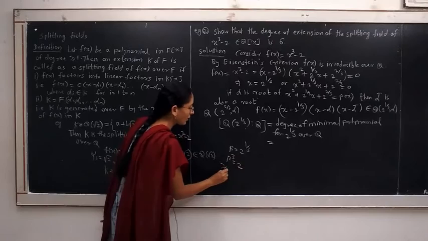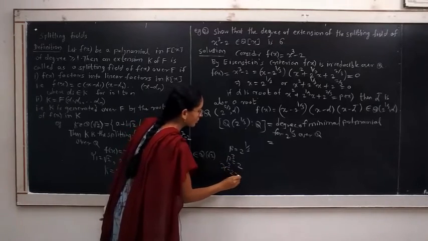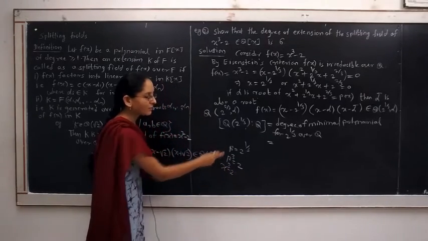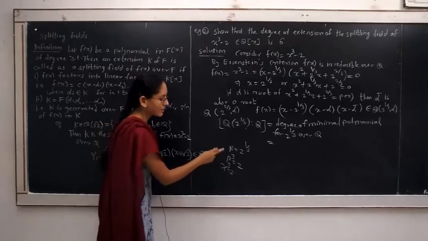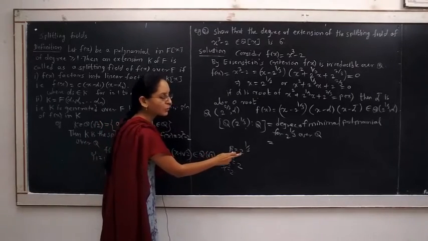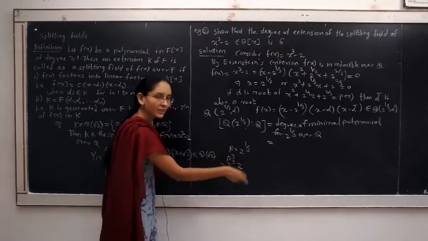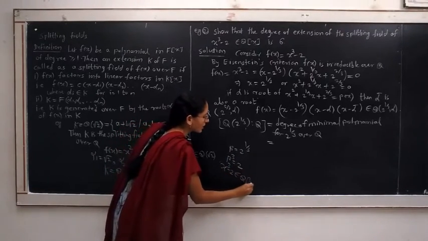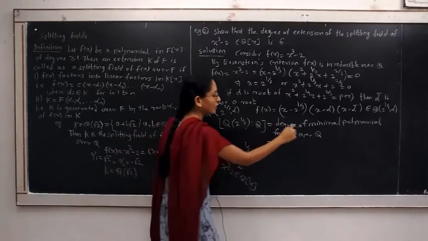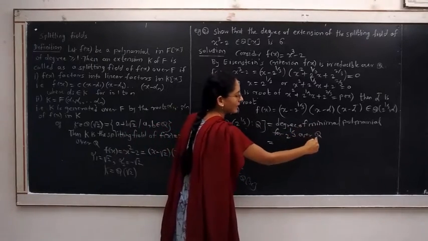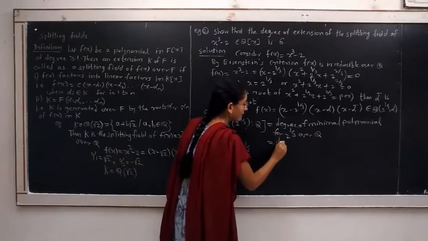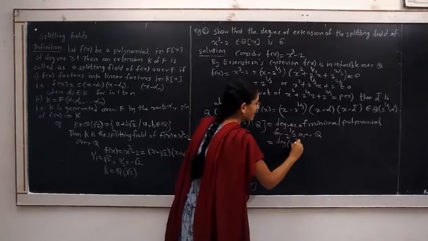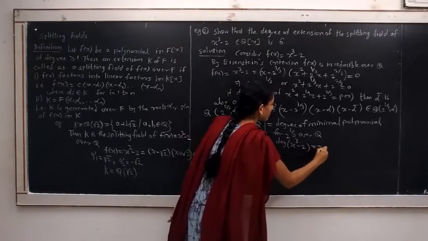Therefore, the polynomial x cube minus 2 is satisfied by the element beta. Hence, the minimal polynomial for 2 raised to 1/3 over Q is x cube minus 2. This belongs to Q[x]. The degree of the minimal polynomial of 2 raised to 1/3 over Q is nothing but the degree of the polynomial x cube minus 2, which is equal to 3.